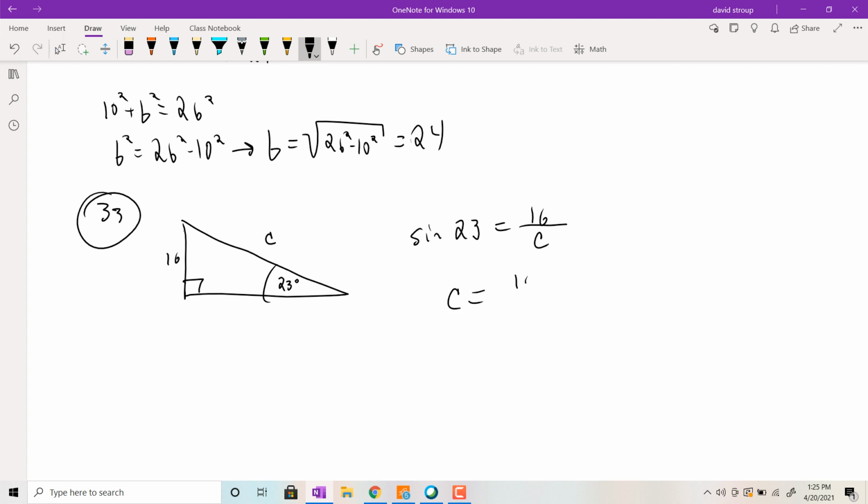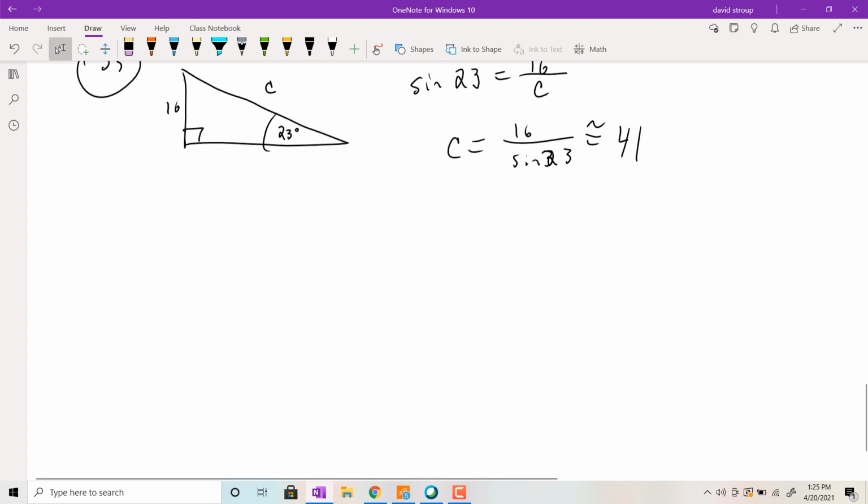You get c equals 16 over sine 23. In the book it says to simplify your answer to the nearest whole number. It turns out to be 41.